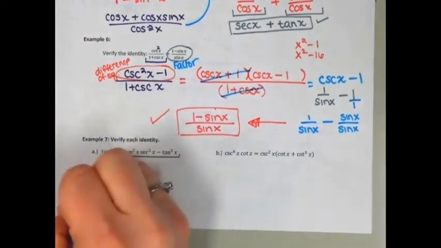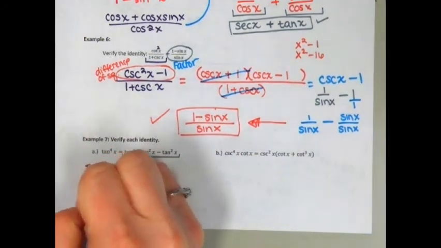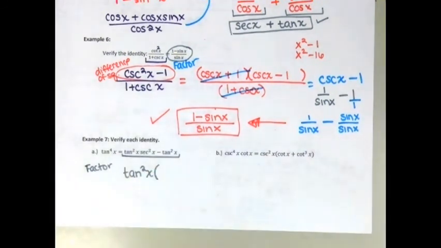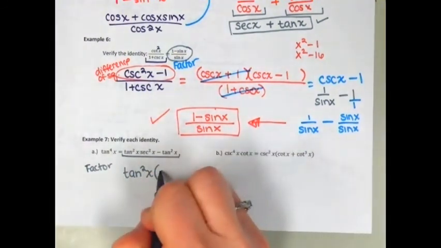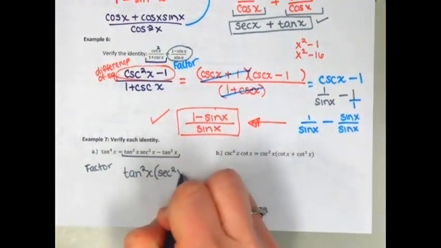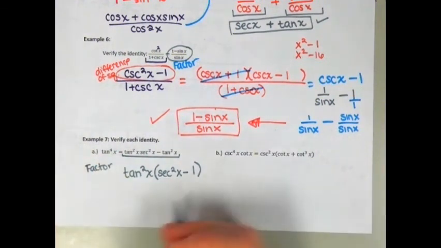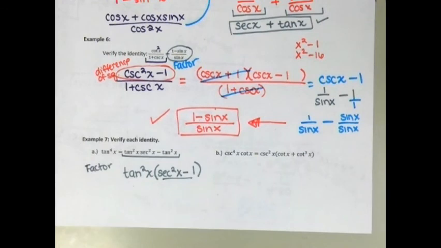Yeah, so I'm going to go ahead and factor that tangent squared x out. And if I take that tangent squared x out, what am I left with? Secant squared x minus 1. So we want to get to tangent to the 4th power. We already have tangent squared. Can we convert secant squared x minus 1 to something?